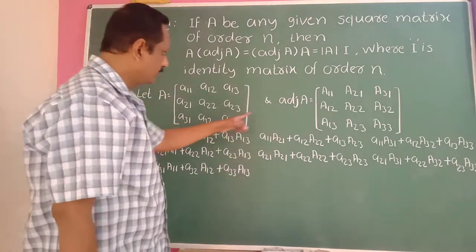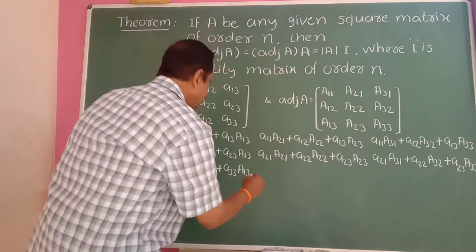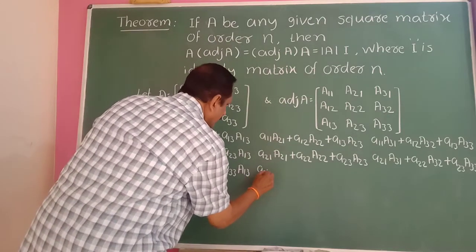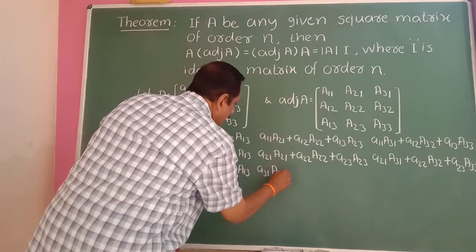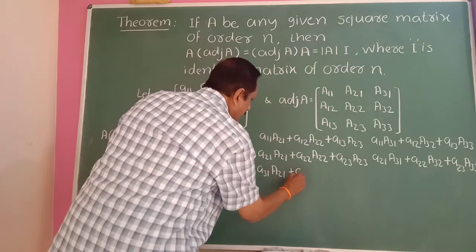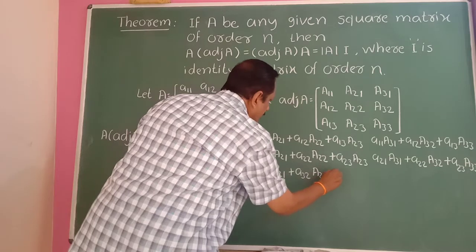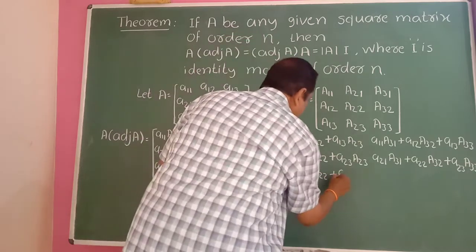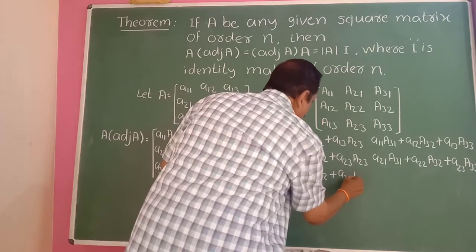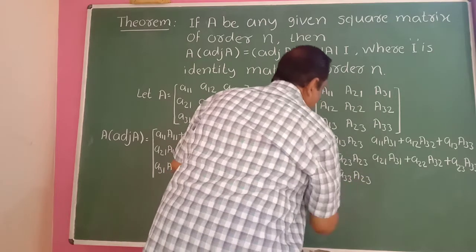Then multiply the row with the second column: A31 into A21 plus A32 into A22 plus A33 into A23.